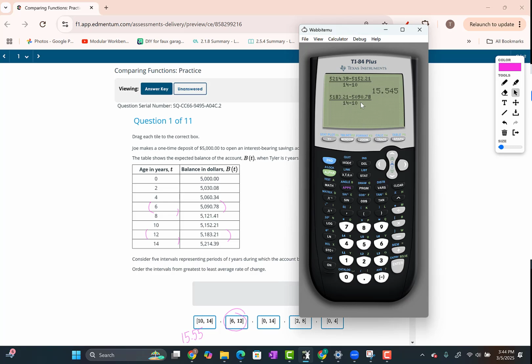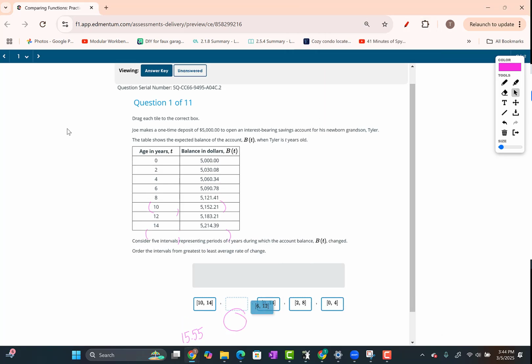Sorry, that was my y2 minus my y1, and then my x2 would be 12 minus my x1, which would be 6. Got to hit the delete button to get rid of that 0. And we get 15.41.